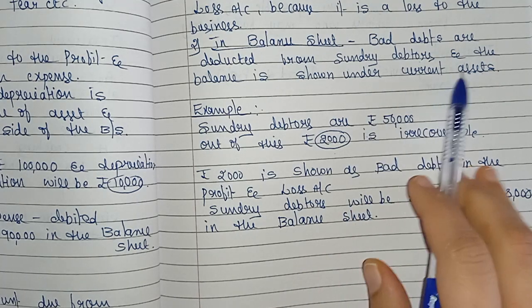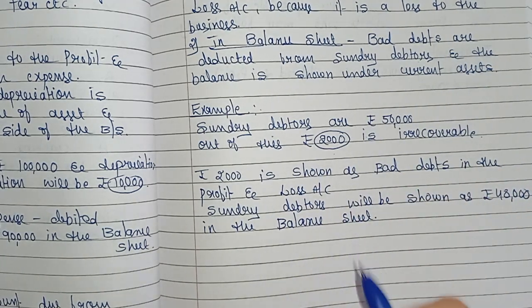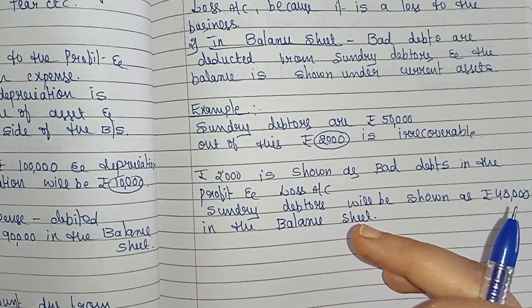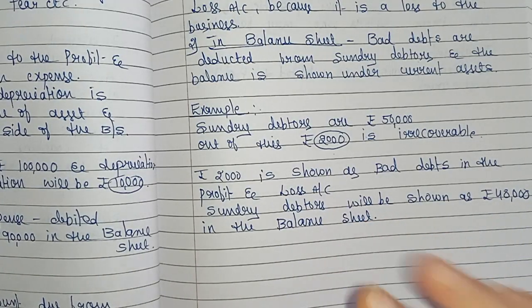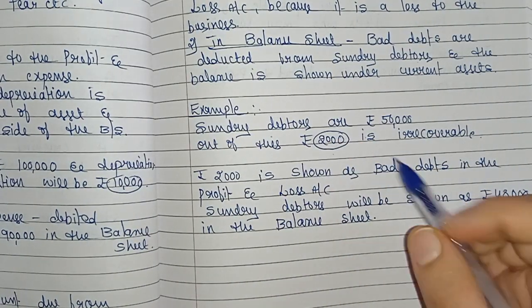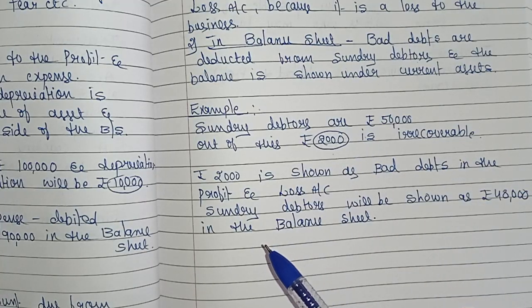That is shown under current assets. Why? Because sundry debtors are current assets, because they are amounts receivable within a short period. Clear? When a debtor becomes irrecoverable, that amount is called bad debts. Here in our example, the irrecoverable amount is rupees 2,000.